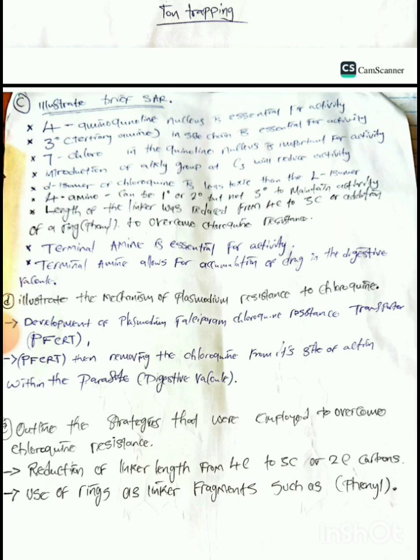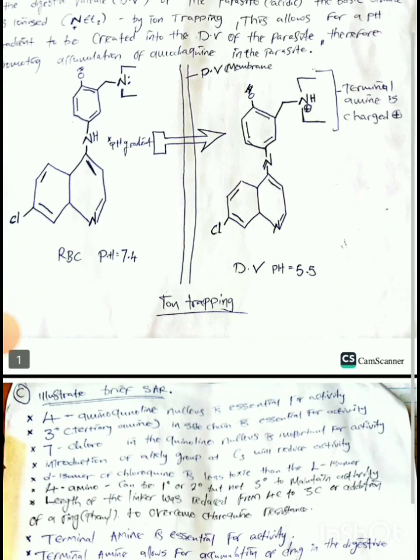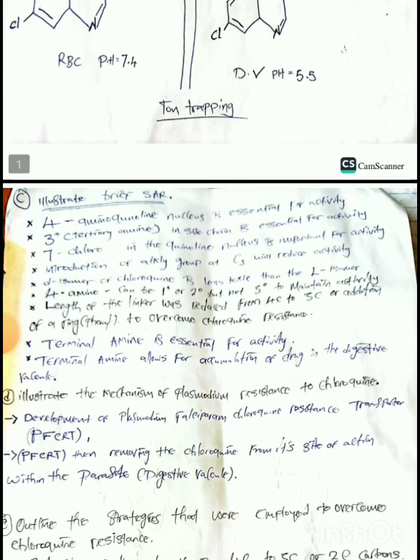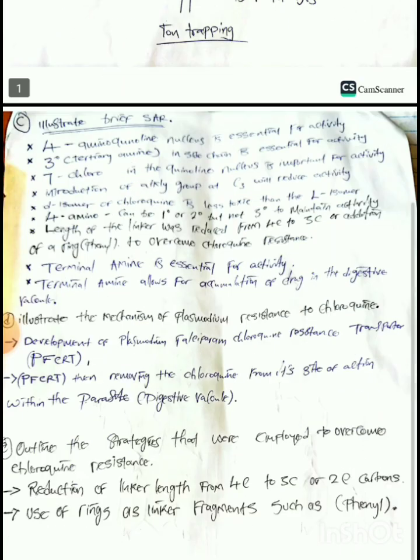Question E states, outline the strategies that were employed to overcome chloroquine resistance. So as we have implied on amodiaquine here, reduction of the linker length from 4 carbon to 3 carbon or 2 carbons has overcome this problem of resistance.